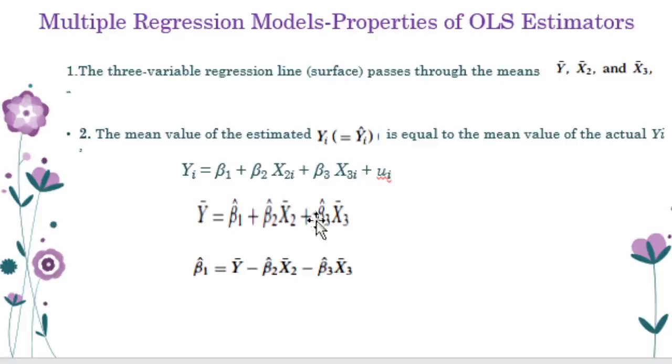Then we divided the whole equation by n, and we get y bar equals beta 1 cap plus beta 2 cap x2 bar plus beta 3 cap x3 bar. From this we derive beta 1 cap equals y bar minus beta 2 cap x2 bar minus beta 3 cap x3 bar. This equation is used for deriving the proof.